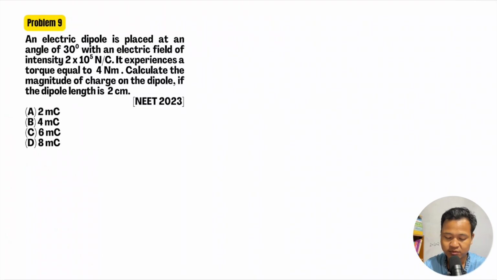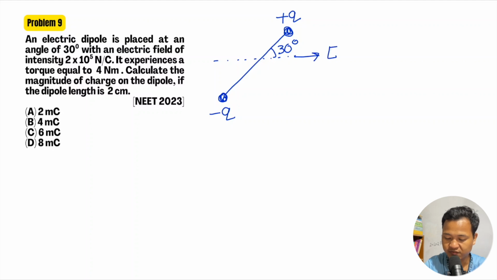An electric dipole is placed at an angle of 30 degrees with the electric field intensity. So plus Q, minus Q, making an angle of 30 degrees with the electric field, which is along this side.